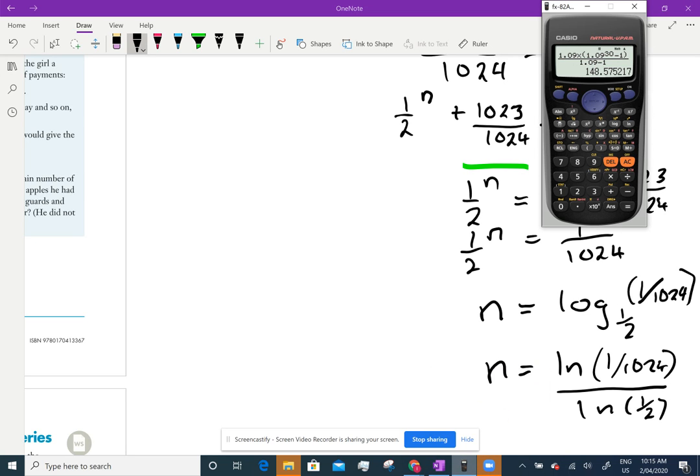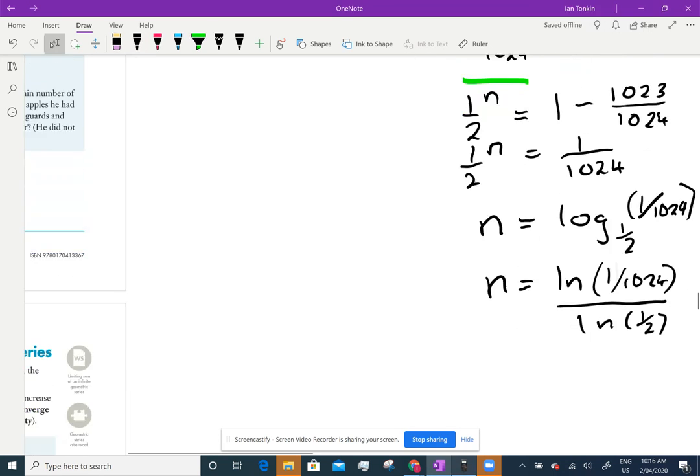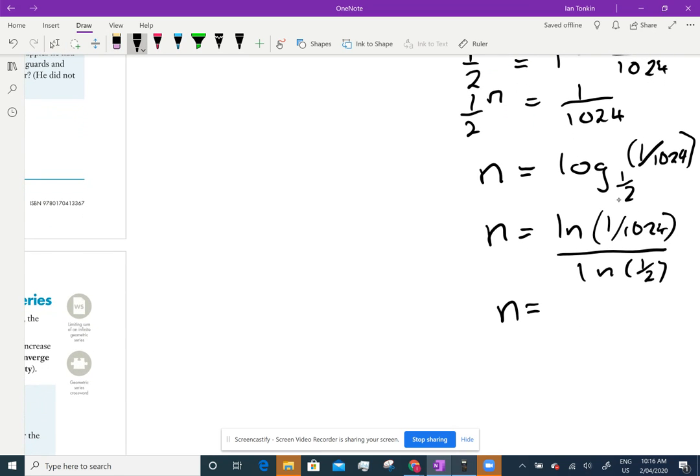So just go to my calculator: ln of 1 divided by 1024, divided by ln of 1 divided by 2. So n equals 10. I'll just double check. 10 terms. The 10th term. Beautiful.